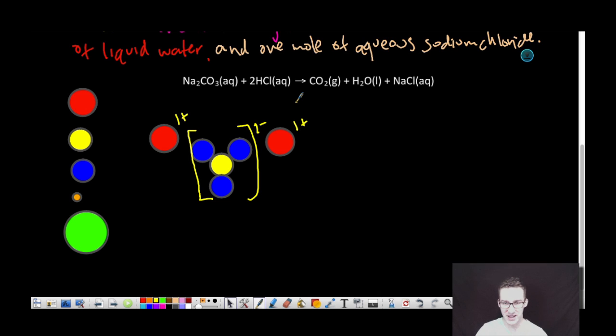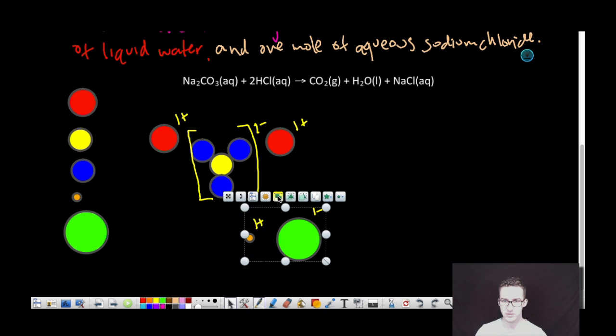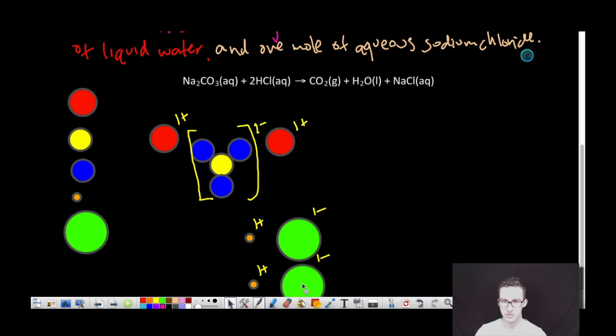My hydrochloric acid, this will represent our hydrogen, and this will represent our chlorine. Same thing, because it is a strong acid, we might want to represent it as completely dissociated. And we do need 2 of those to match our coefficient in the balanced chemical equation.